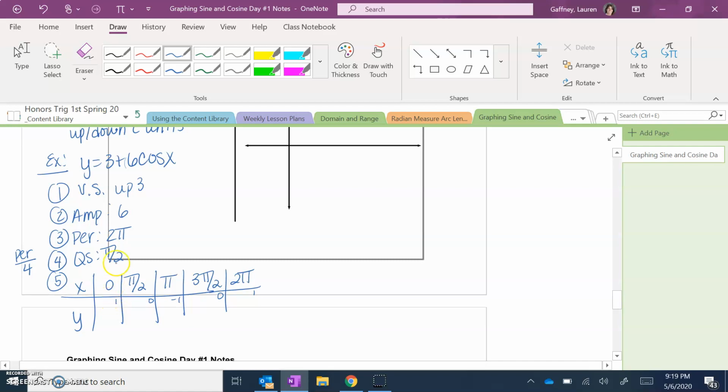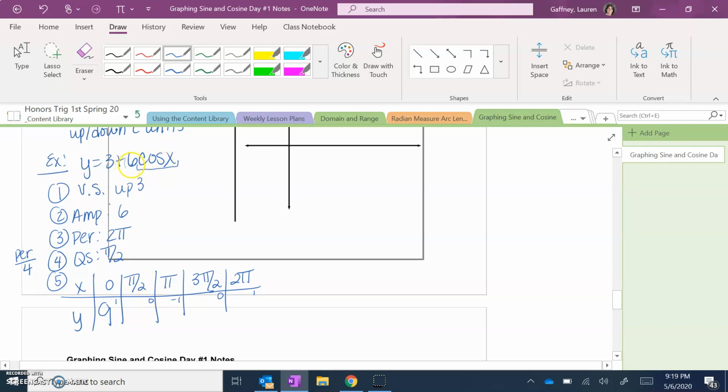So think about this. Cosine of 0, so just this part right here, okay, is 1. Think about order of operations. Take 1 times 6 plus 3. So this would be 9. Okay, cosine of pi over 2, my bad. I put that in, I get out 0.